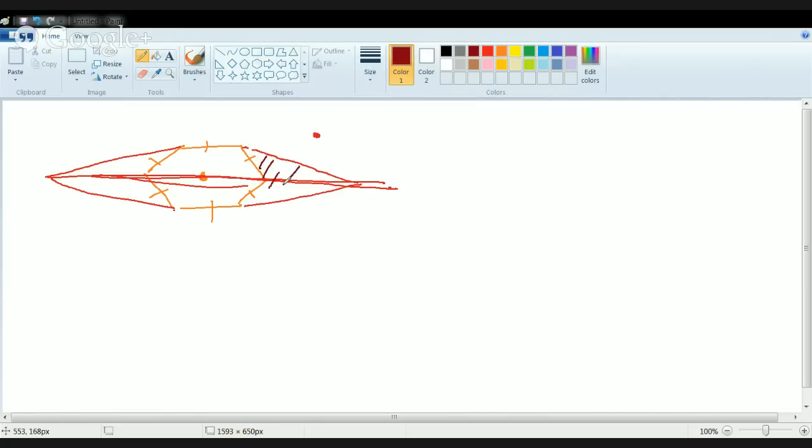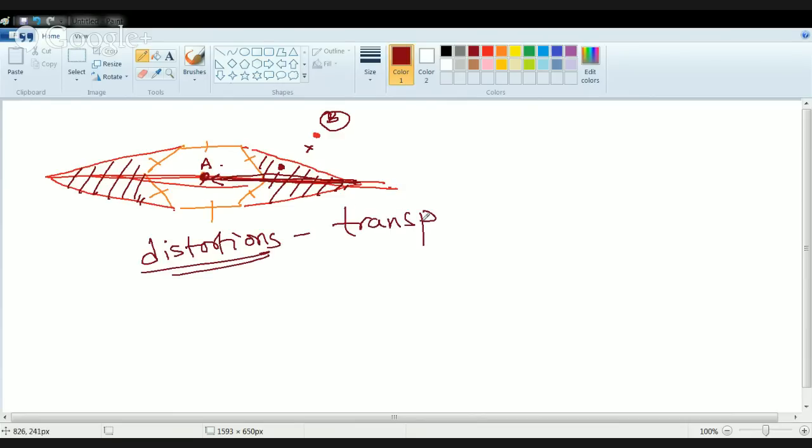All the region lying within this zone would prefer to go to region A rather than region B because the transportation network is much better here. So people lying here would prefer to go to A and not B because the transport network is much smoother here.